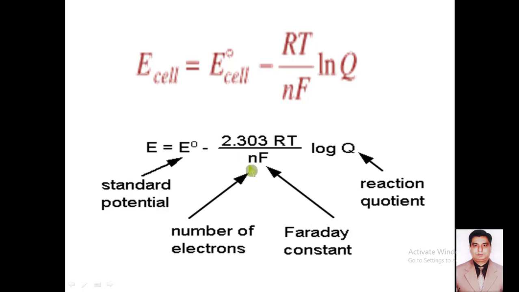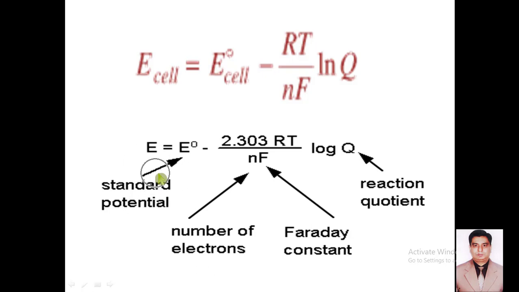So n means number of electrons, F means Faraday's constant, and Q is the reaction quotient. So E is equal to E naught, this is the other form of this equation: E is equal to E naught minus 2.303 RT over nF into log Q.